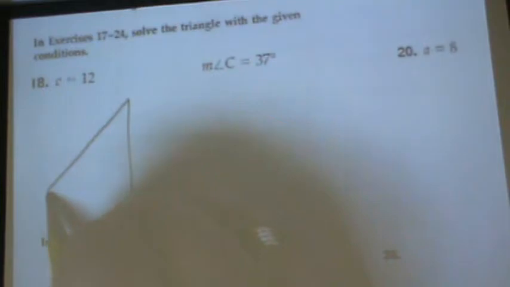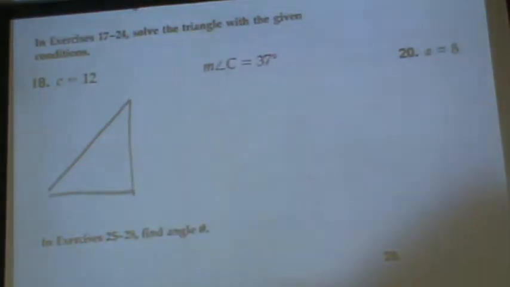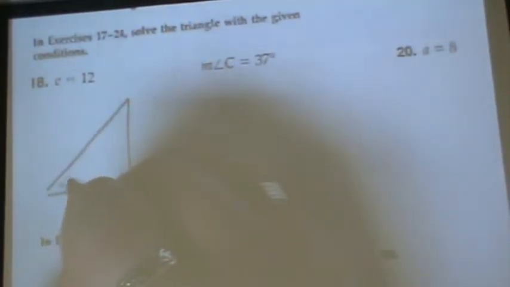So 18 and 20 are asking us to do the same thing, except now we don't have the nice 30, 60, 90 triangle or the 45, 45, 90. So again, you're going to want to draw your triangle. And you're going to label one of your angles as 37.